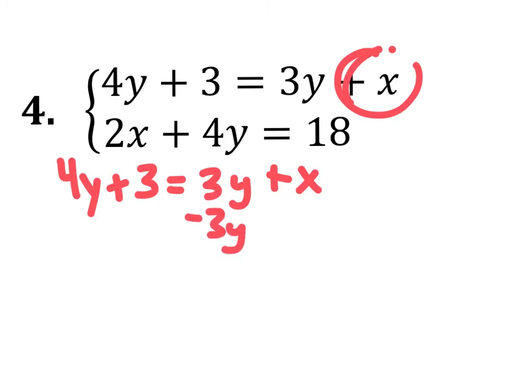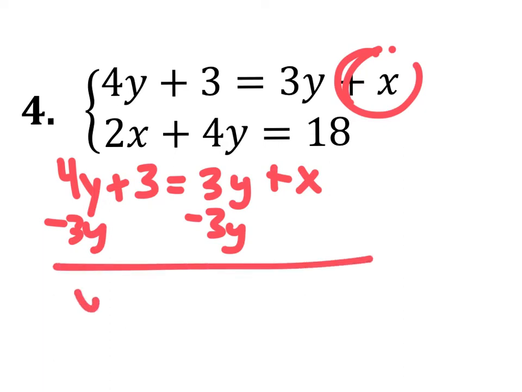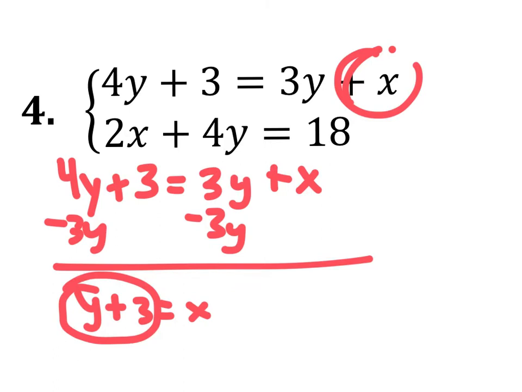All you have to do is subtract the 3y and you get y plus 3 equals x. So step 1 is done. I have one equation solved for x. Now, what some of you guys were messing up on yesterday is we just solved for x. So I'm going to take y plus 3 and I am going to go into the second equation and plug it in for x, not y.